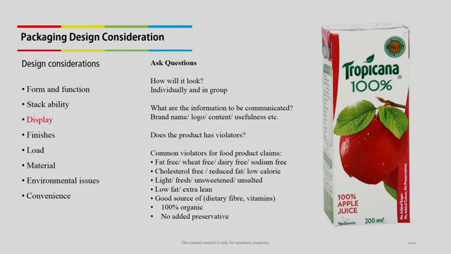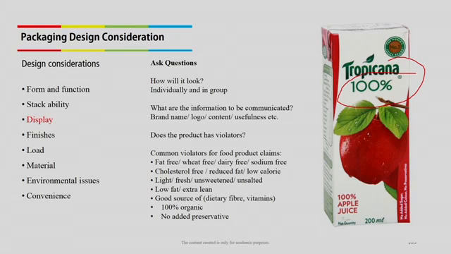A violator is the term used for the visual device that is generally positioned on top of the packaging graphics and is used for the purpose of calling attention to or announcing a special feature of the product or package.